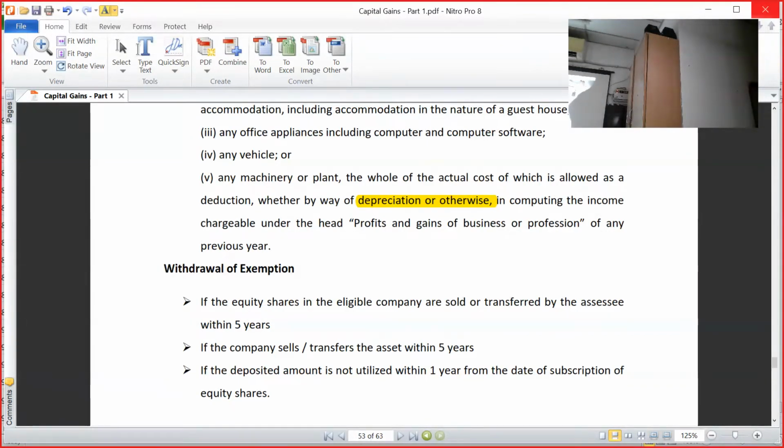Within 1 year, the third point is there. If the deposited amount is not utilized within 1 year from the date of subscription of equity shares, then I will withdraw the exemption.